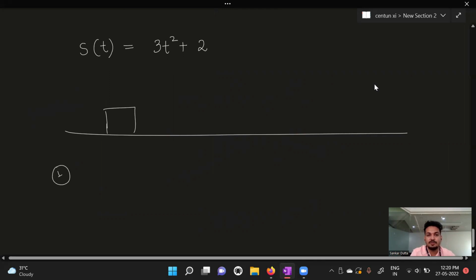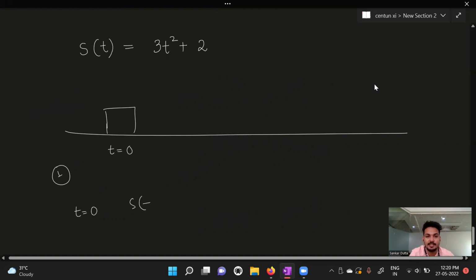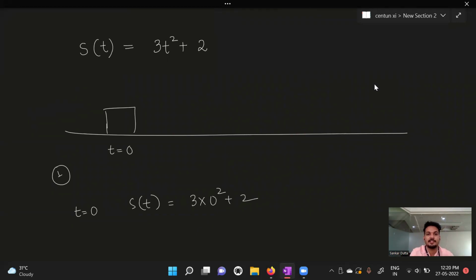As soon as you start observing the position of this body, the position is 2 meters. How did I get this? I put t equals 0. At t equals 0, s(t) is 3 times 0 squared plus 2. I just plugged in 0 in place of t. This gave me the answer 2 meters.